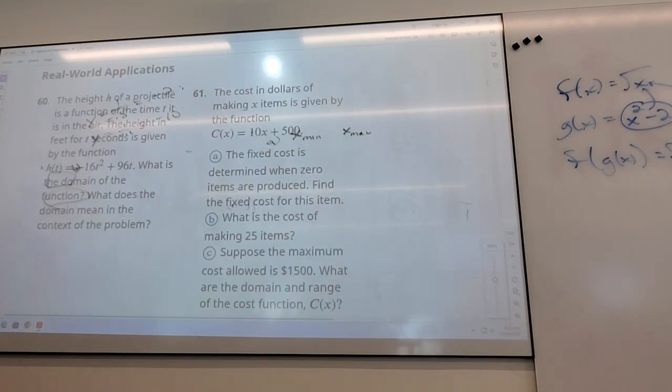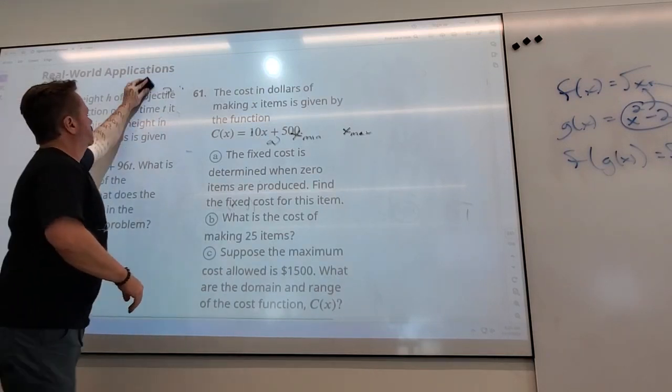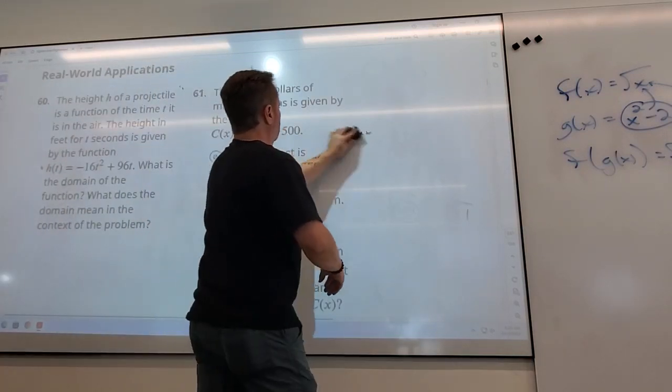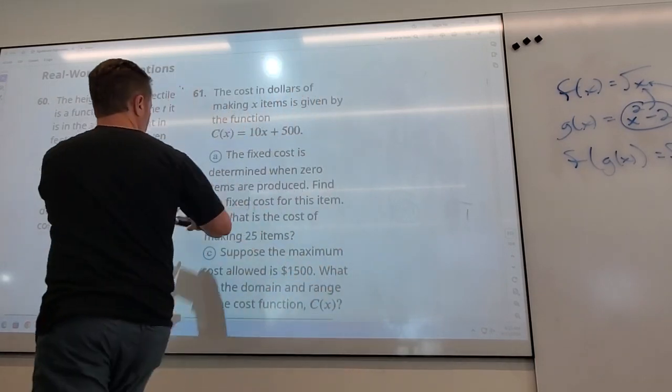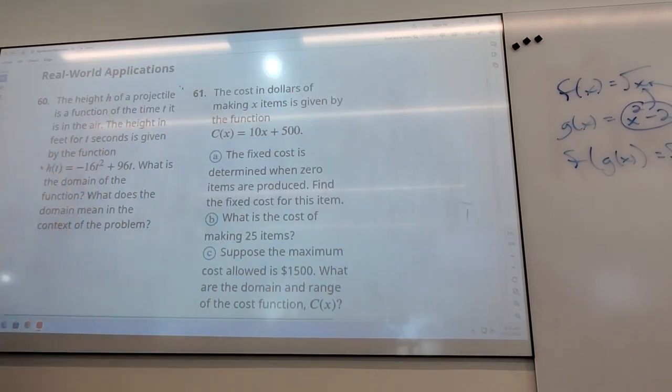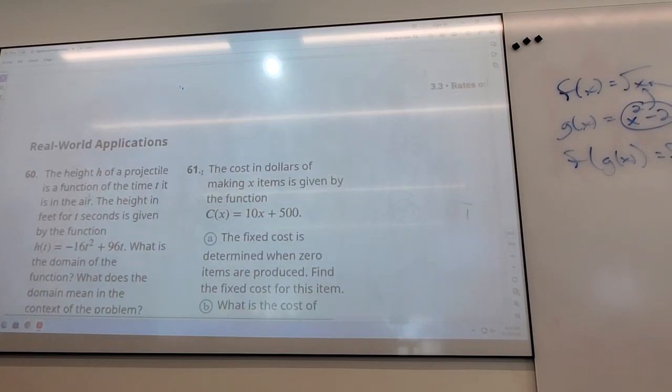All right, so let me erase some of this stuff here. Which unit are you working on here? Oh, this is just homework. What section is this in? 3.2. 3.3.